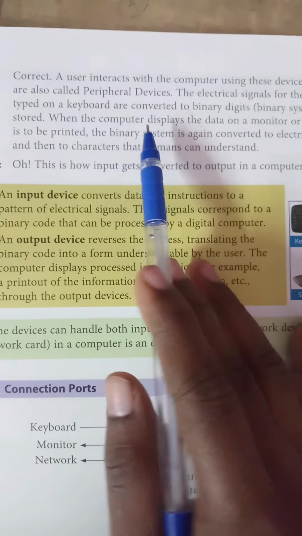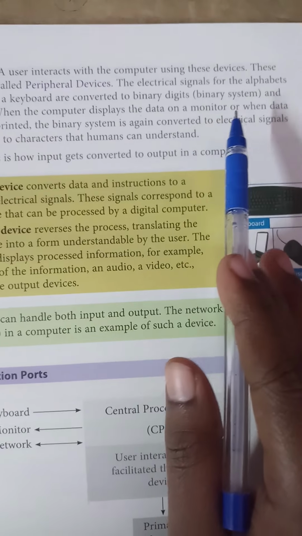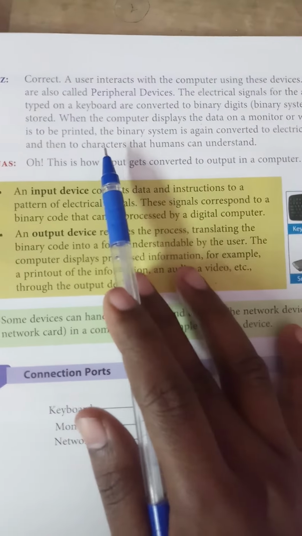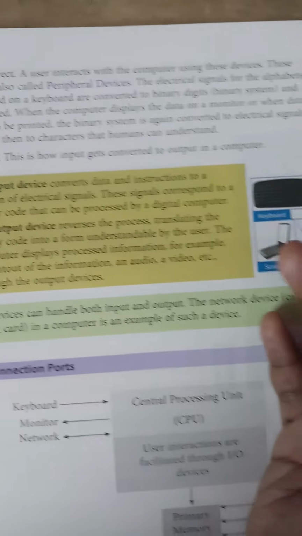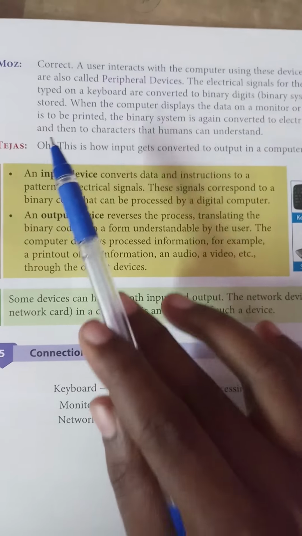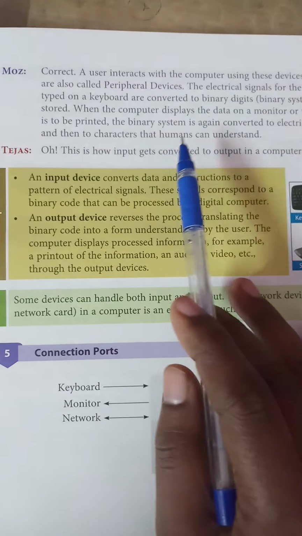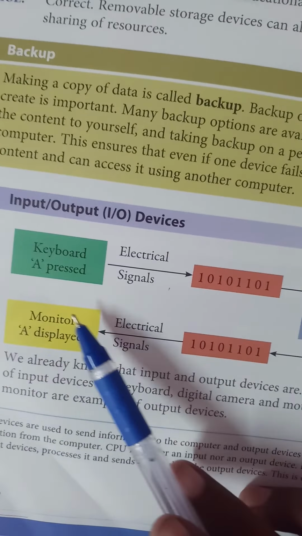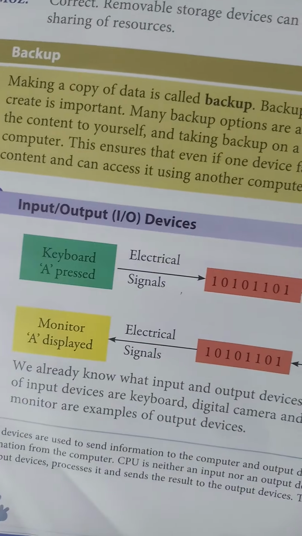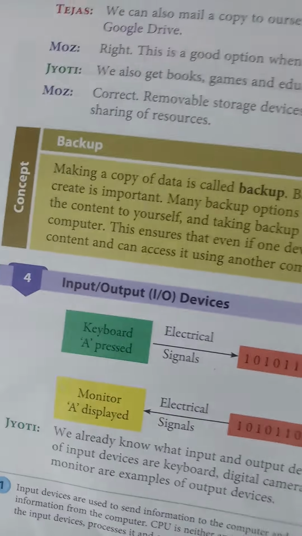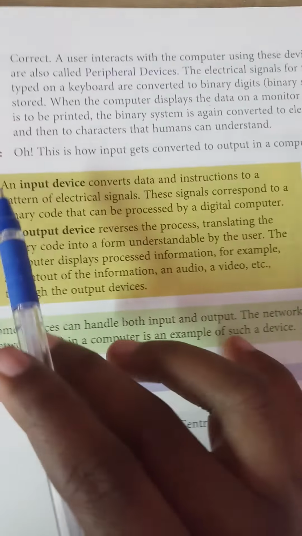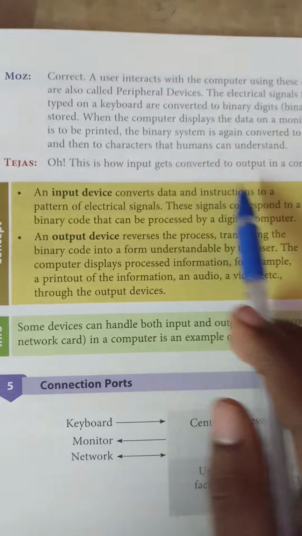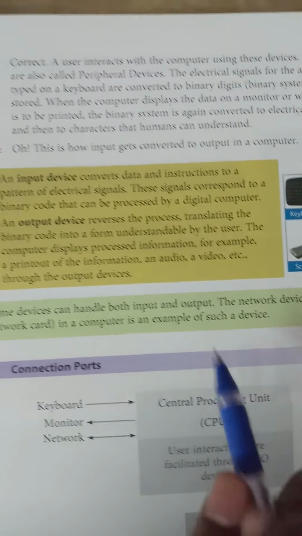When the computer displays the data on the monitor or when data is to be printed, the binary system is again converted into electrical signals and then to characters that humans can understand. Then it will display the same A, which is understood by humans. This is how input gets converted to output in a computer.